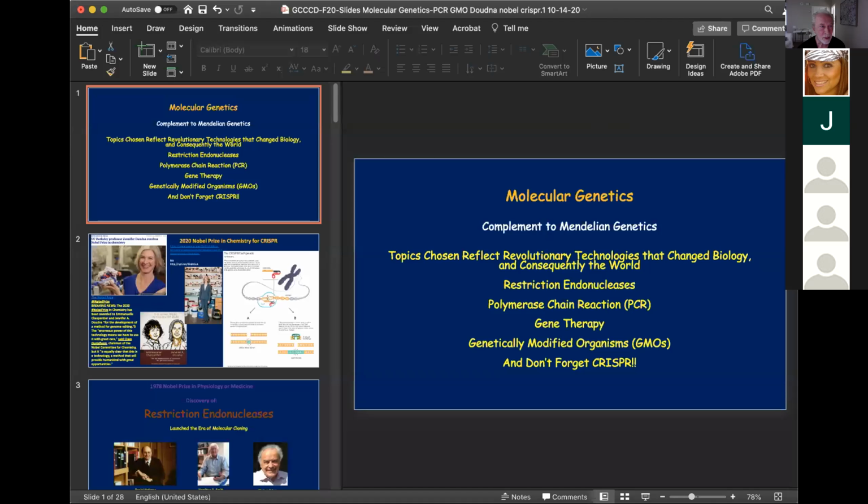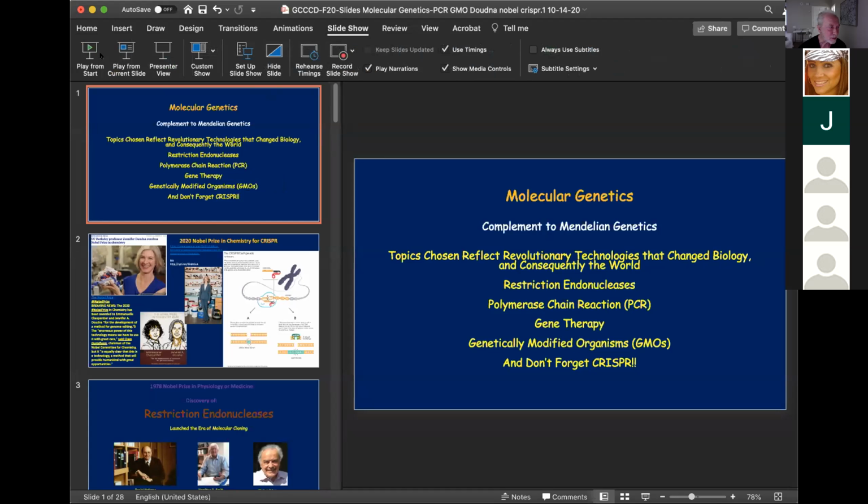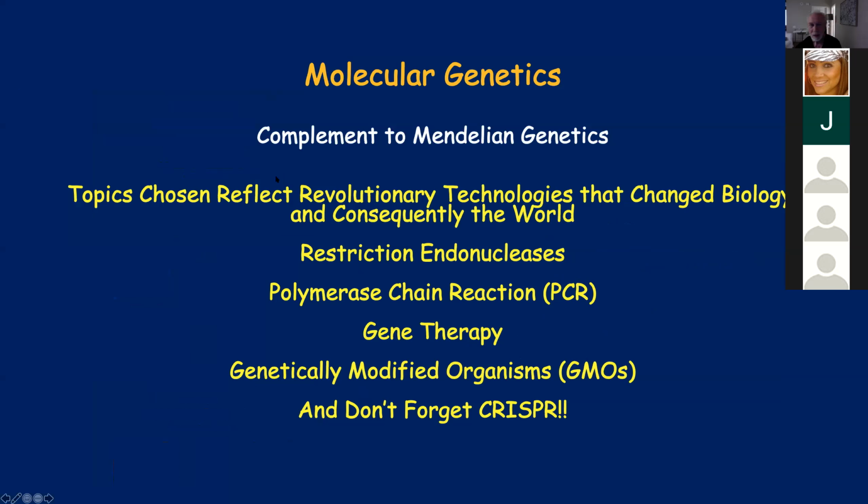And you should all be able to see molecular genetics. You see a slide that says molecular genetics? Yes. Okay. I'm going to put it on the slideshow so you can see it better. Now this is a complement to what we've been doing with Mendelian genetics, where you're dealing with abstractions. In Mendelian genetics, genes are just symbols. In molecular genetics, genes are pieces of DNA.